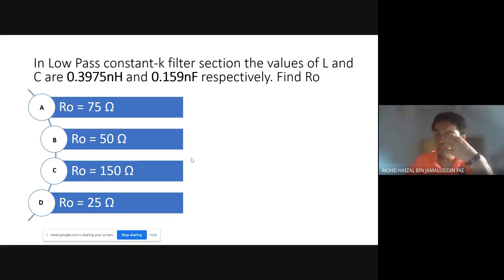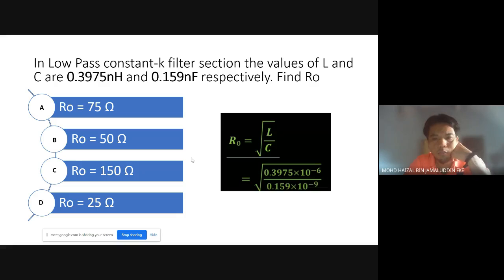So how to solve this? We need to look back at whether this is for T. If it is for the T section, we can use the basic formula R0 equivalent to square root of L over C, and from that you can calculate.